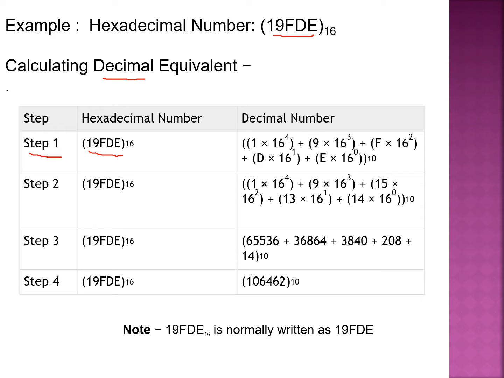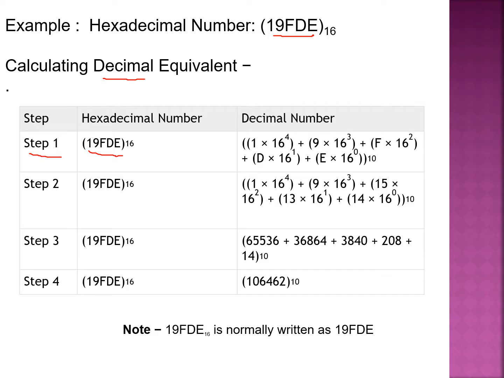Once you solve this equation, you will get 65,536 plus 864 plus 3,840 plus 208 plus 14. Adding all these values, you get 1,06,462. This number is in decimal. So 19FDE, which is in hexadecimal, is converted into its decimal equivalent.